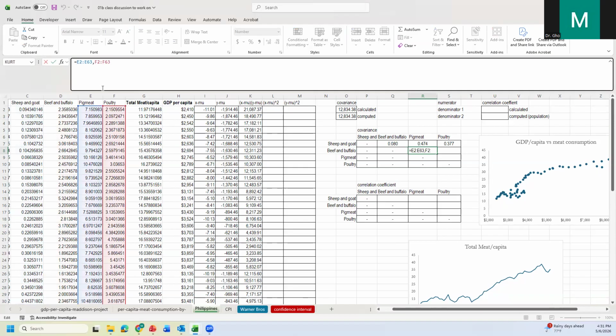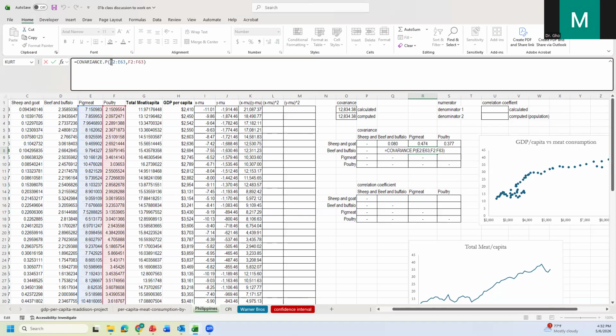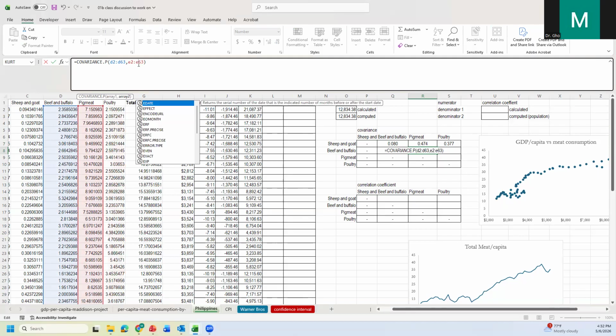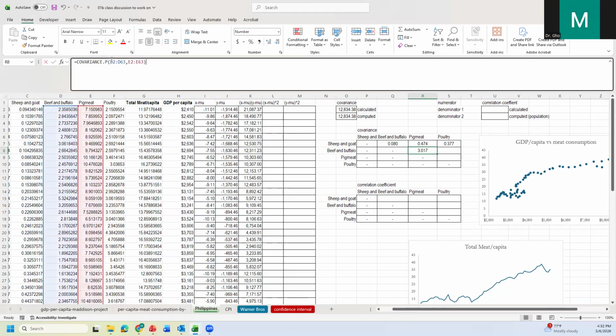So let's see. Make sure I got these right. I keep being off by one. Beef and buffalo. Okay, and then it's easier if we anchor these.